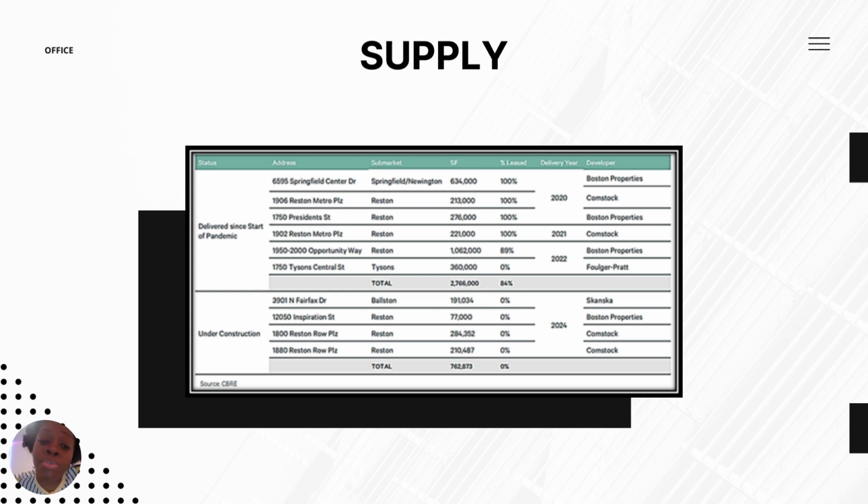And then through the research, I found out about the properties here, and this chart is showing that Boston Properties had some deliveries in 2020, which are 100% leased and occupied.